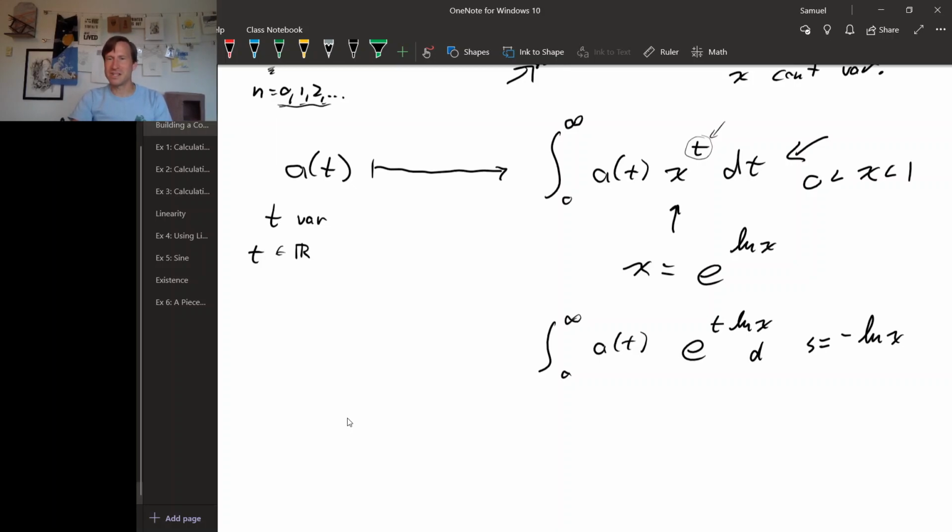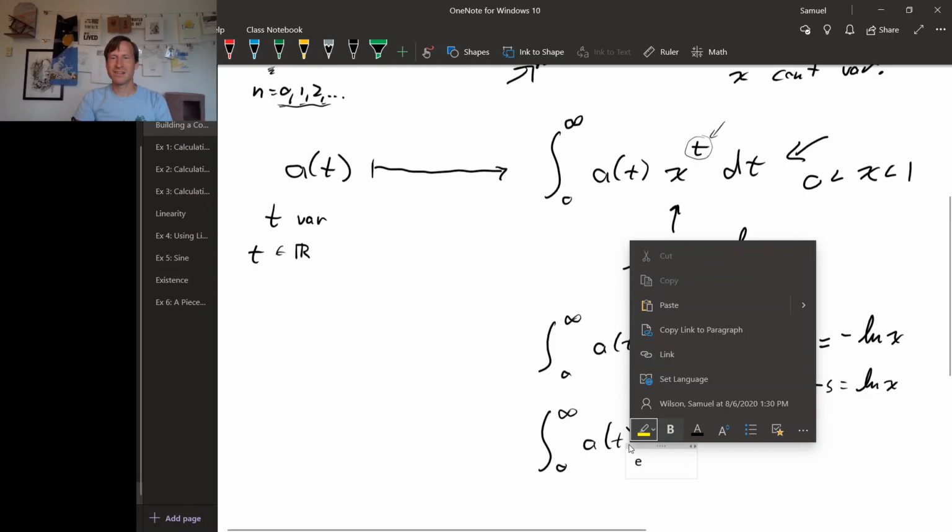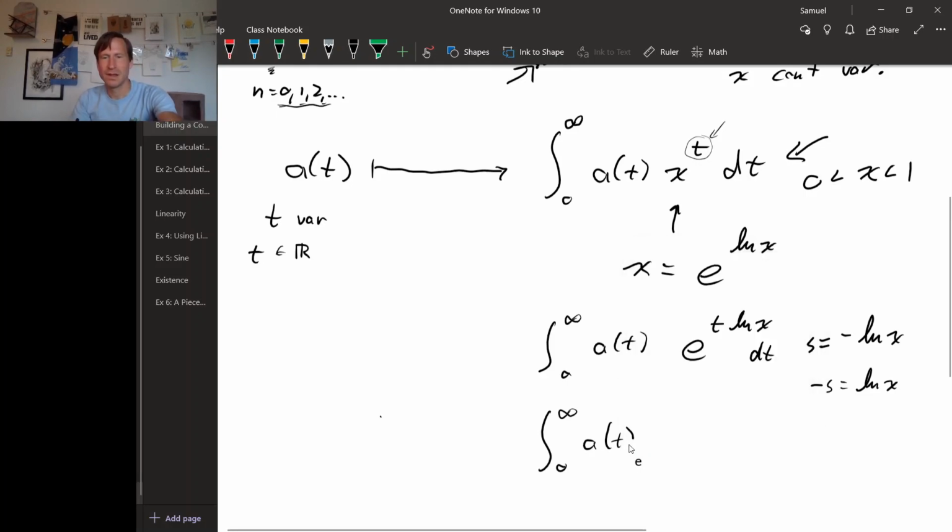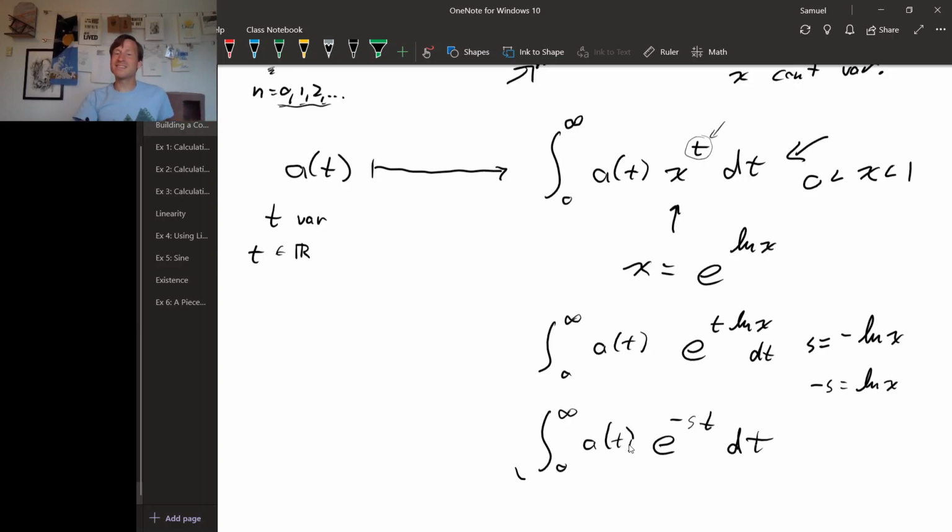I've left off my dt here. So minus s is natural log x. But then we can rewrite this formula again. We get the integral from 0 to infinity of a of t times e to the minus st dt. And look, this is exactly the definition of the Laplace transform of the function a.